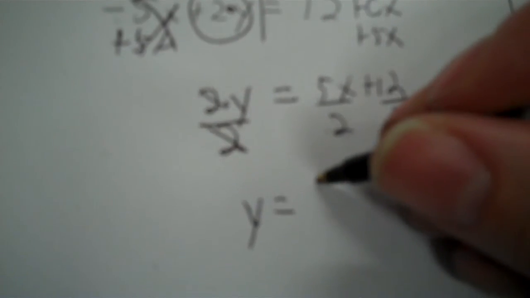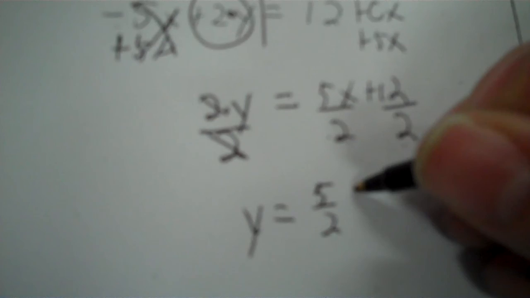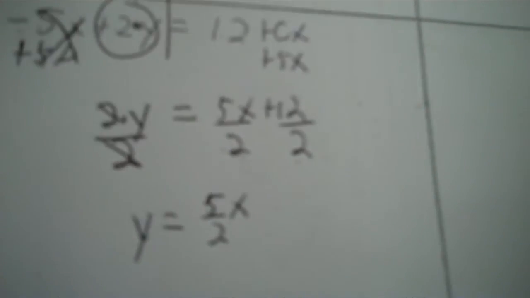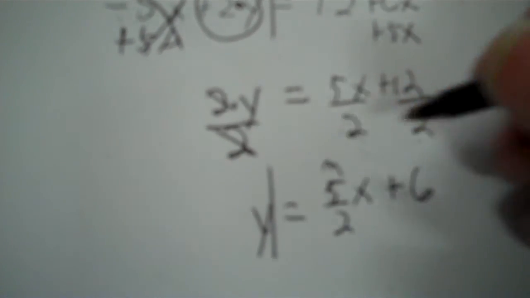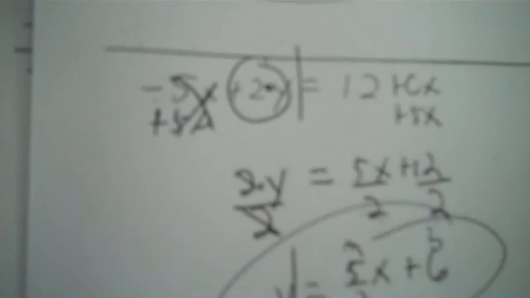Now divide this all by 2. 5 divided by 2 is a decimal, so I'll leave that as 5/2 x. 12 divided by 2 is 6. So there's your m, there's your b. It's the same equation, I'm just rewriting it.